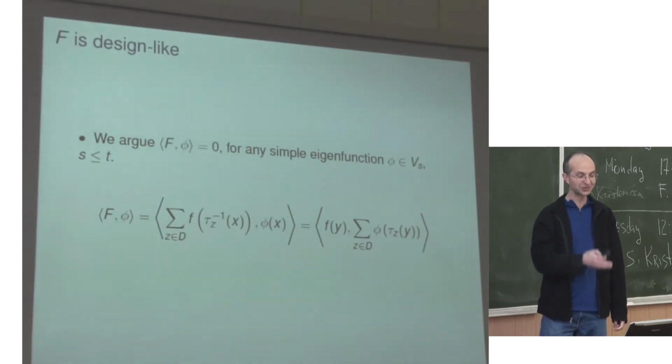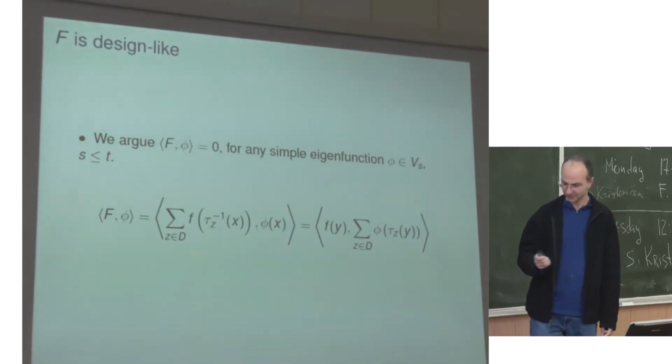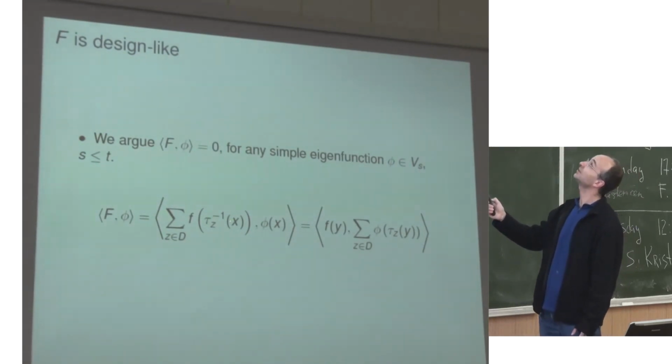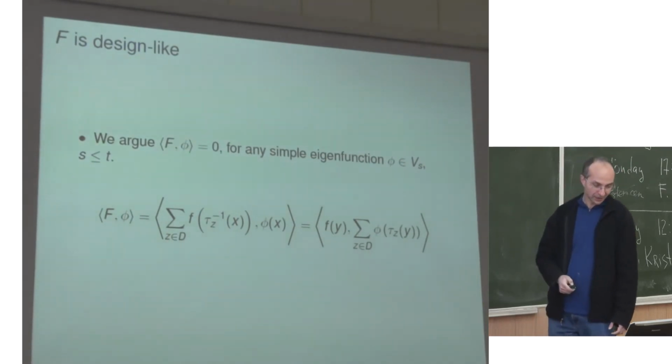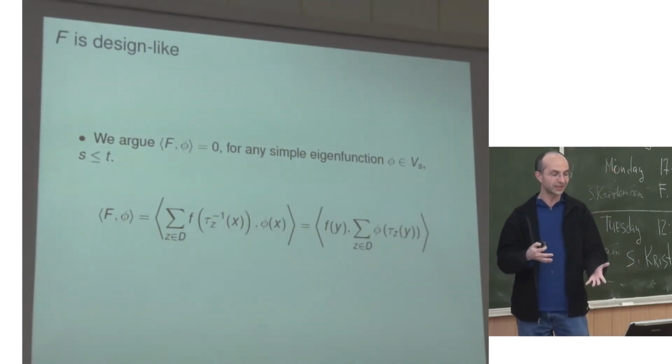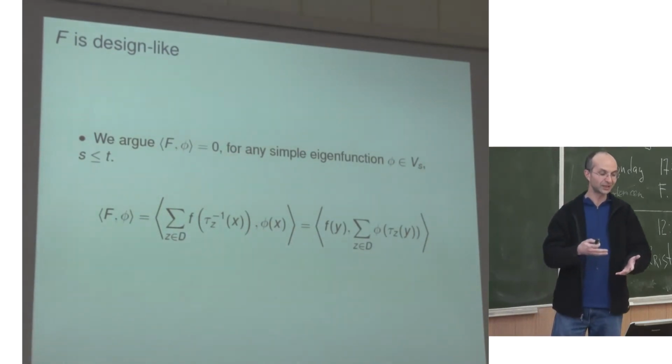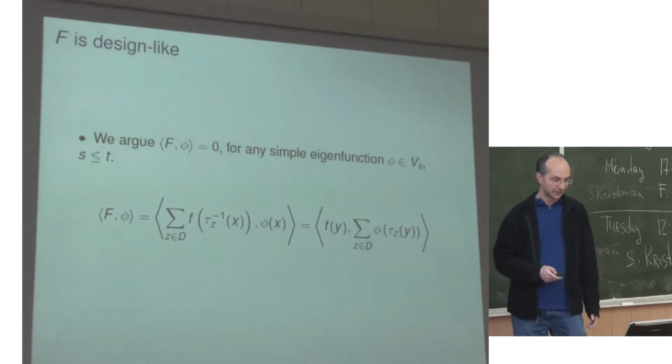The first part is the definition of F, right? And now this equality is just applying a change of variables, right? To every point, I'm applying an isometry inside F, so it's the same as applying the inverse isometries inside phi. It's the same, right? Great.